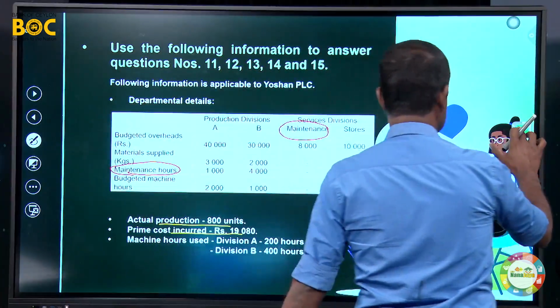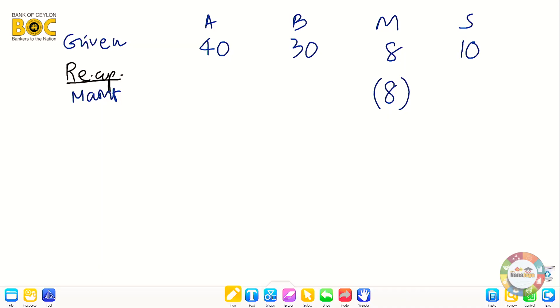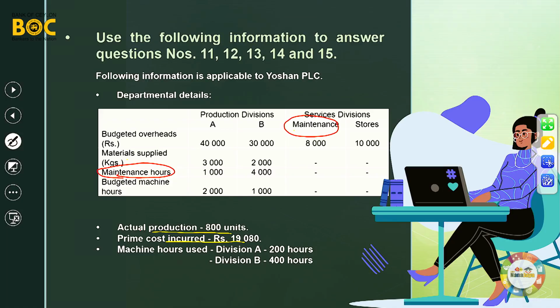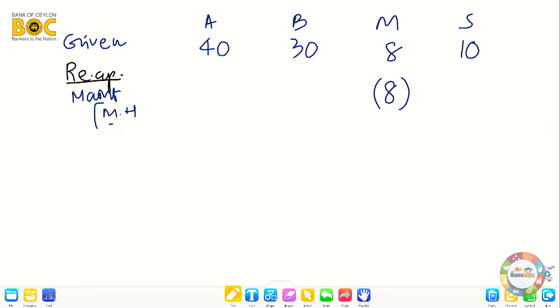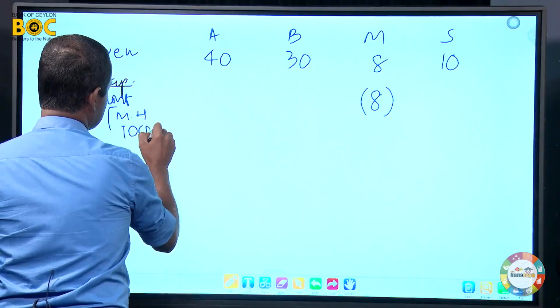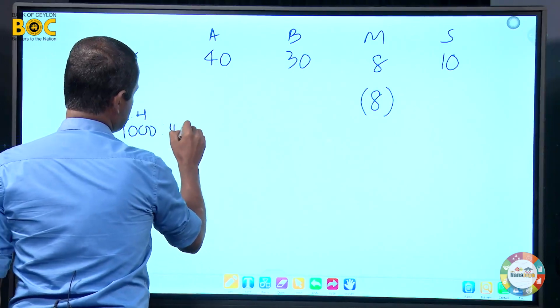For the maintenance department cost, you can use maintenance hours. What is given? 1,000 and 4,000.